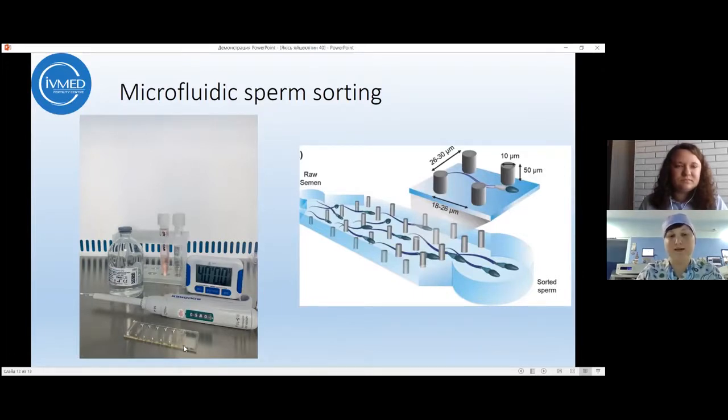We just add the spermatozoa, and we have an exit for really good spermatozoa, because in this device, sperm cells must go through a very complicated maze. The device has traps for bad quality sperm cells, for sperm cells with DNA fragmentation. So in result, we will have just very good morphologically and genetically sperm cells without DNA fragmentation.